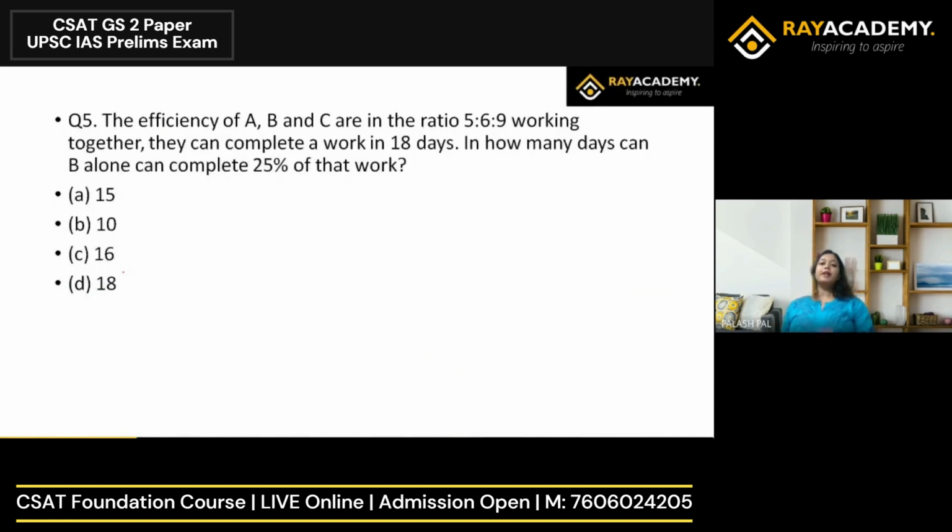This is a question of time and work. Look, the efficiencies of A, B, and C are in the ratio 5:6:9. Efficiency means working capacity.